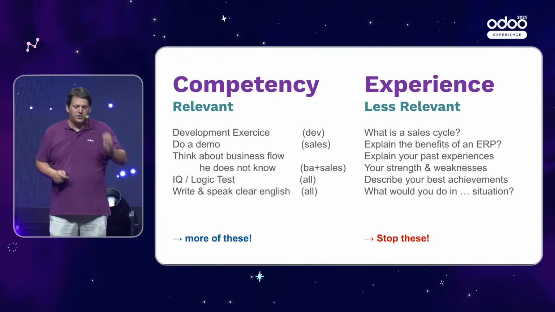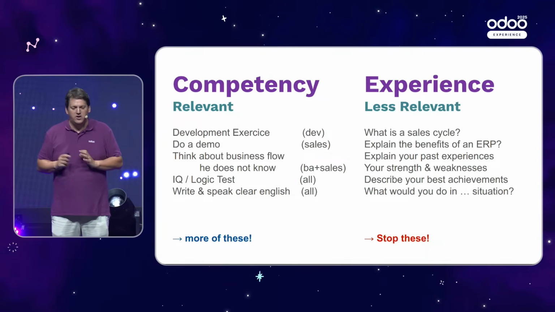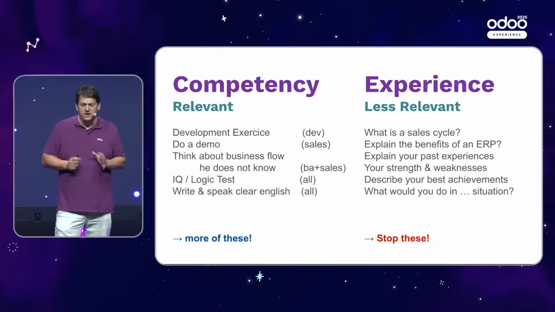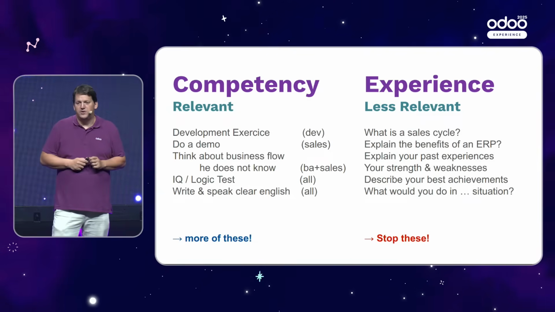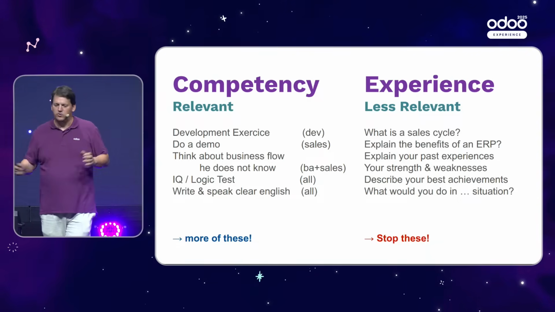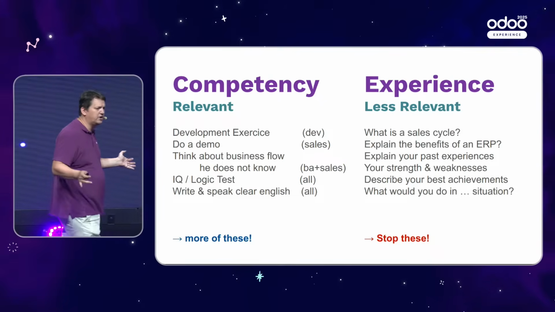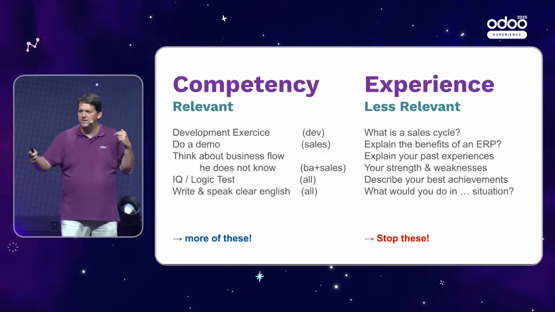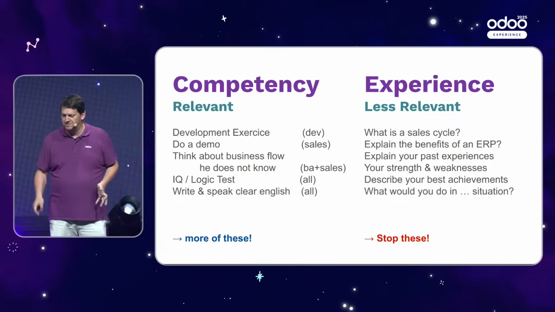So what's important for us, and what we try to avoid when we recruit. What's key is, for instance, if we recruit a developer, it's to do a development exercise. That's the number one way to qualify him. If it's a salesperson, it's to make a demo of the product, check if he understands the product, if he understands the business, is comfortable with IT.